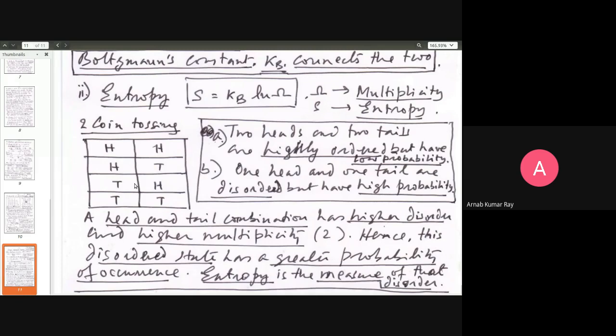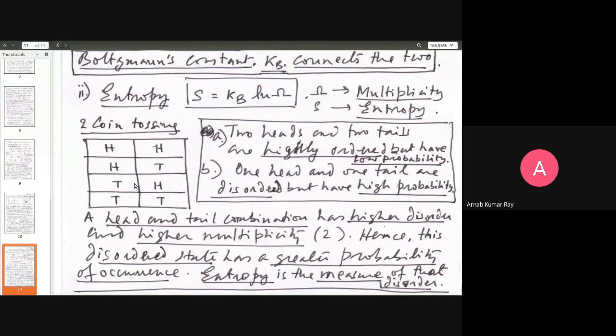Where you have got just two coins, it is easier for you to identify, okay, this is my first coin, this is my second coin. Suppose I give you 100 coins, then do you really care which coin is showing head or which coin is showing a tail? Larger the system, stronger will be your tendency to look at the system from a macroscopic perspective rather than a microscopic perspective.